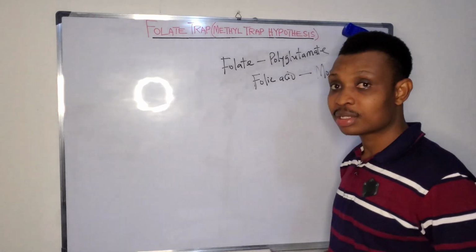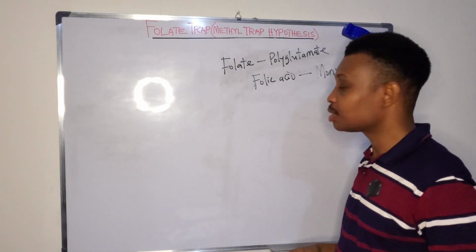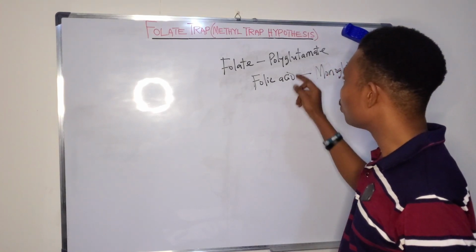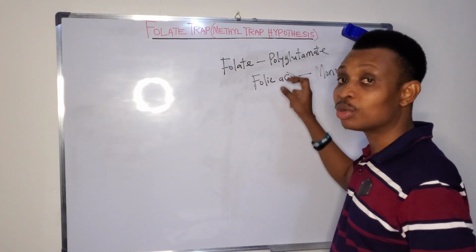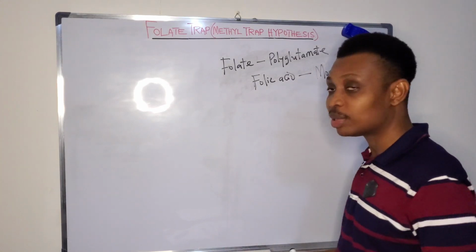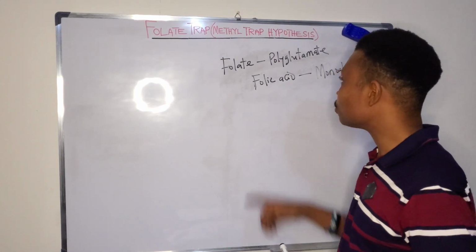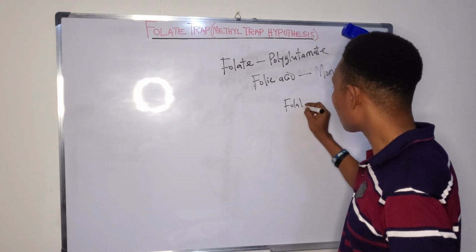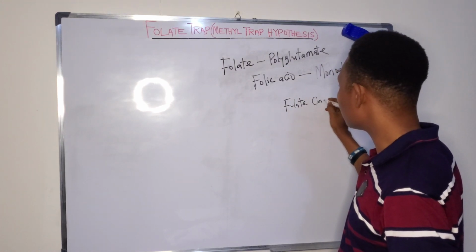The polyglutamate has to be hydrolyzed to form monoglutamate. So polyglutamate will undergo hydrolysis to form monoglutamate, and the enzyme responsible for such conversion is called folate conjugase.